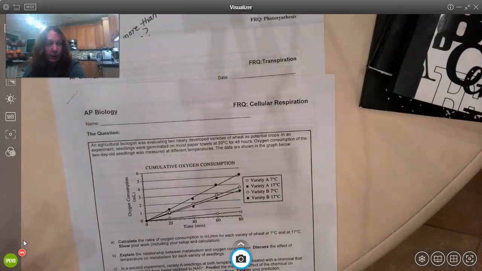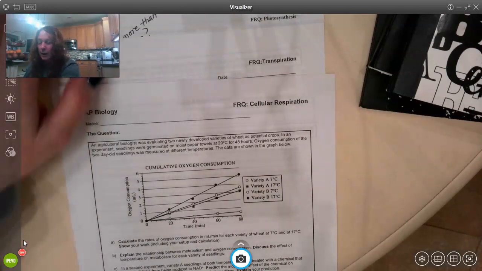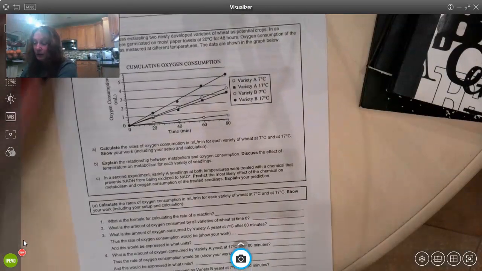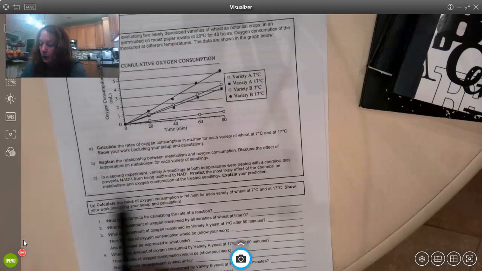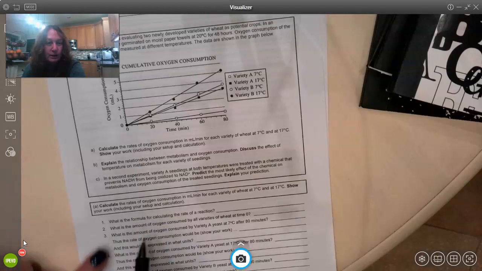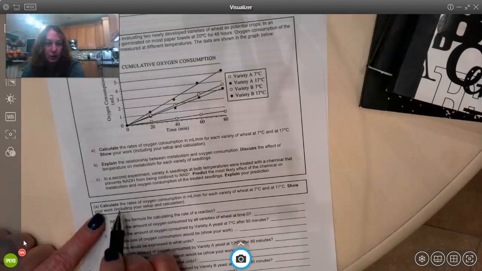But you will have already worked through them all first. The reason that they're called scaffolded is that we break out each part and then we ask questions so that you understand the process of getting to this answer and what they want.